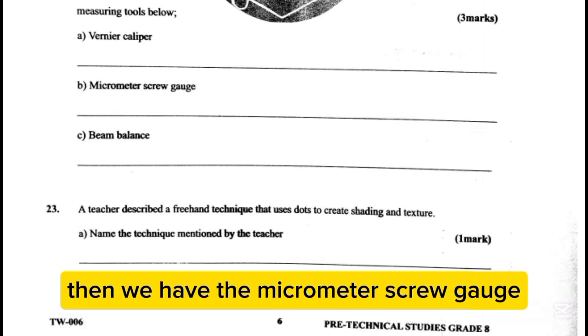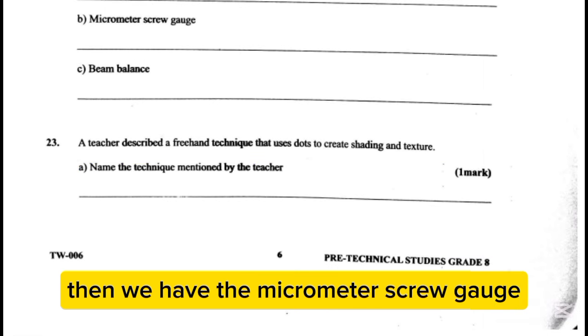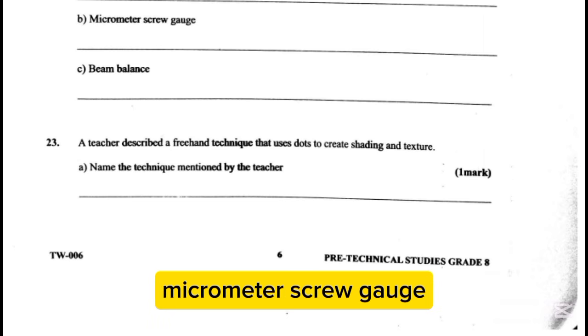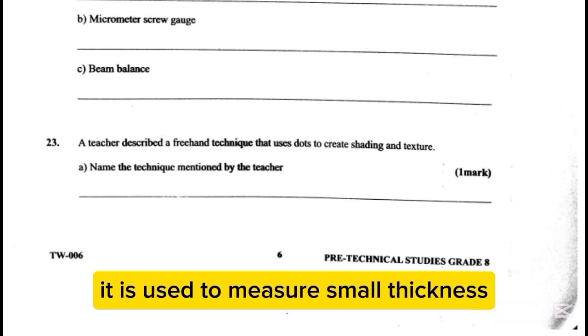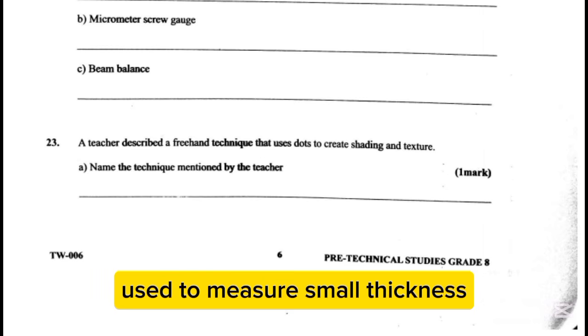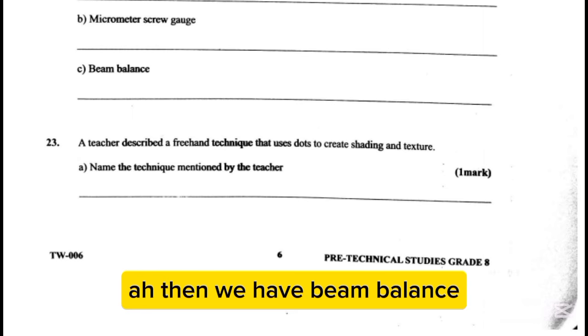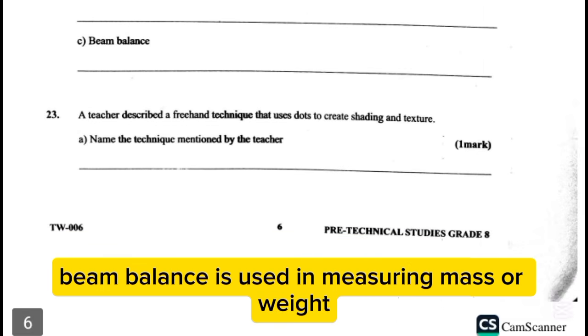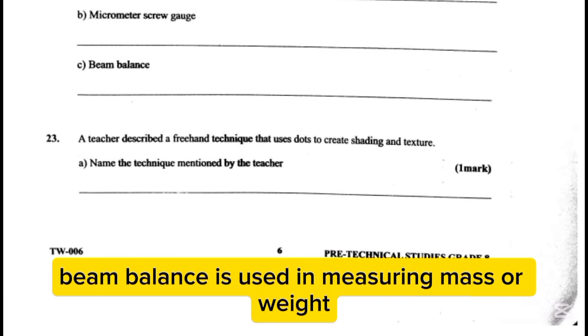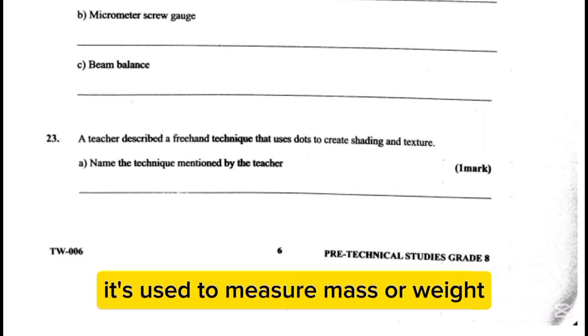Then we have the micrometer screw gauge. It is used to measure small thickness. Then we have beam balance. Beam balance is used in measuring mass or weight.